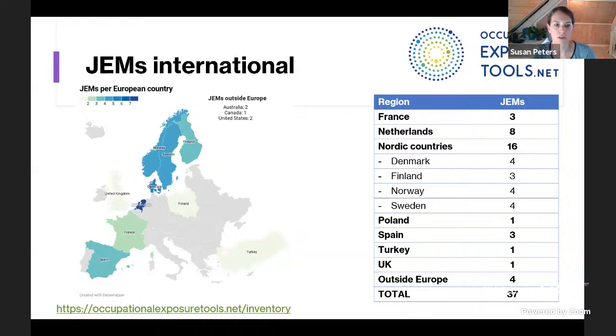It's metadata on these GEMs, and it gives you an indication of where the GEMs are, what exposures they assess, and what type of coding they used. So please have a look at this. And if you know about a GEM that is not in there yet, please enter the metadata, because I think it's really important to have this overview of what GEMs are around for use.